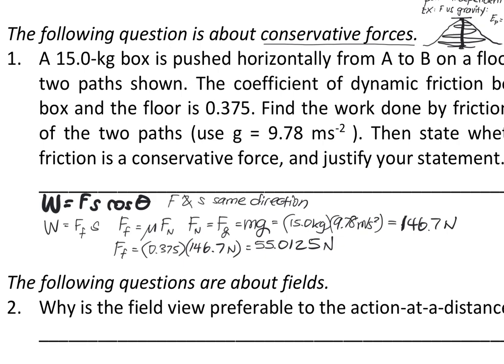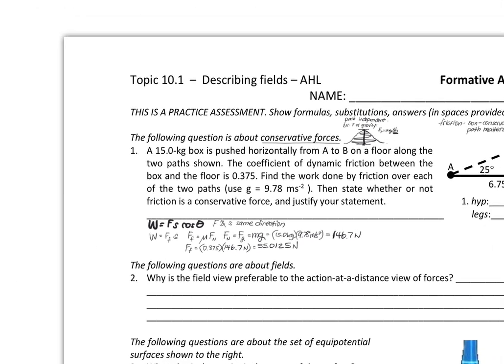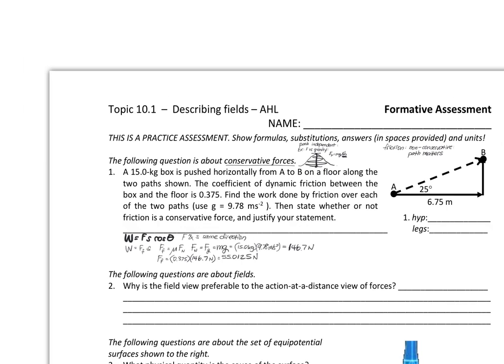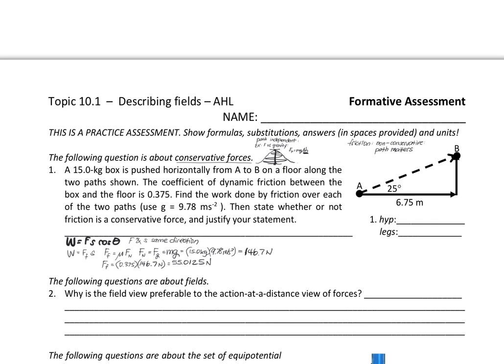So the friction force along those paths is going to be 55.0125 newtons. And so we just use the distances that are given because we know that friction is path dependent. For the legs, one leg is 6.75 meters and the angle is 25 degrees.